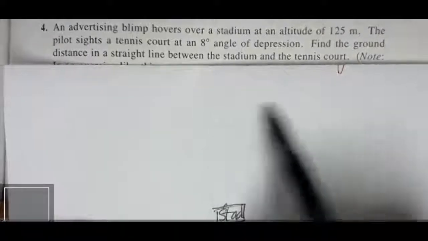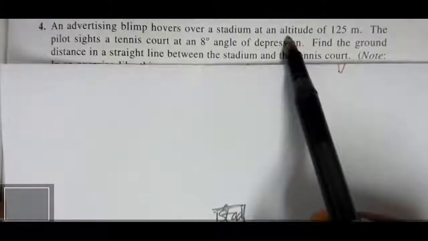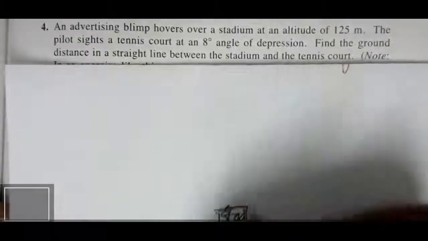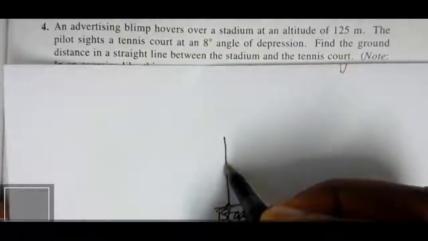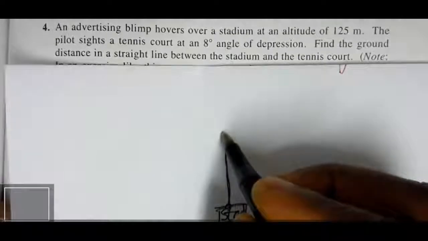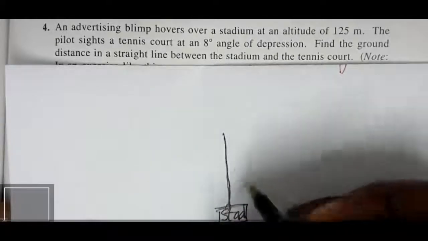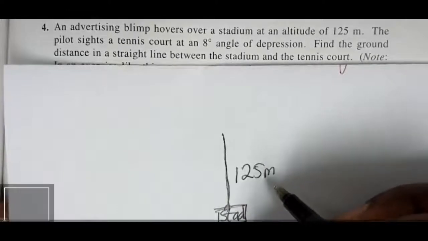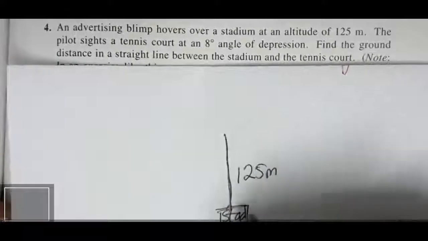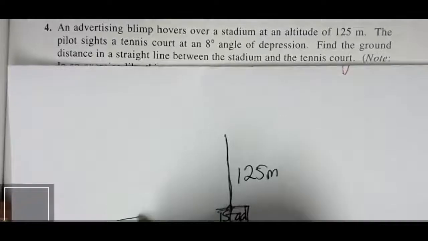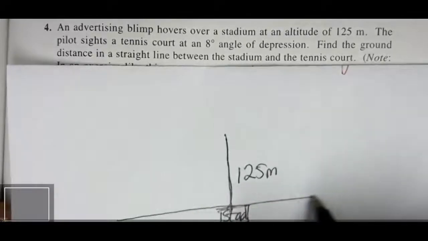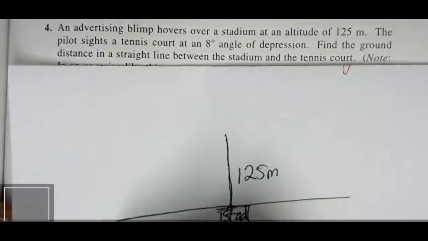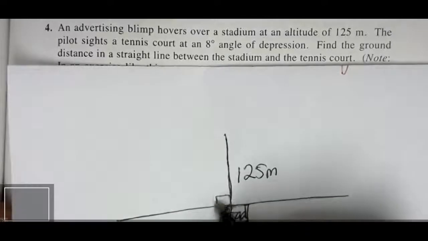At an altitude. Now, altitude means height, so there's going to be a vertical line straight up and down. The altitude is 125 meters. It's going to make a right angle with the ground.